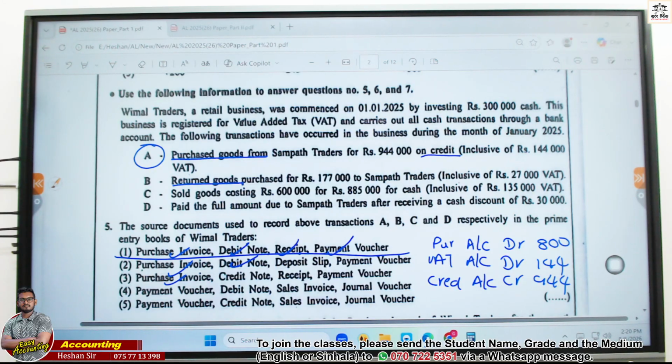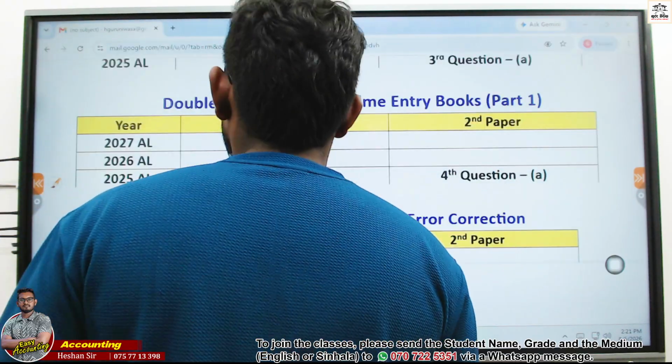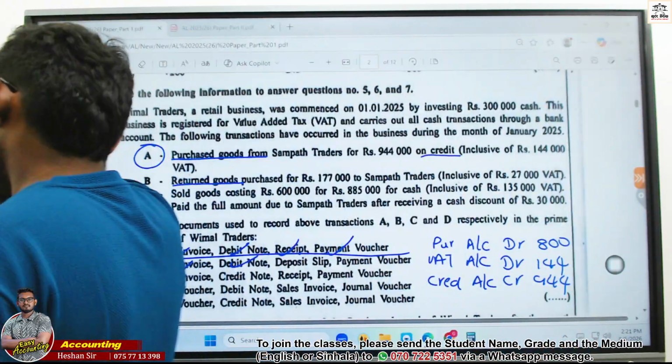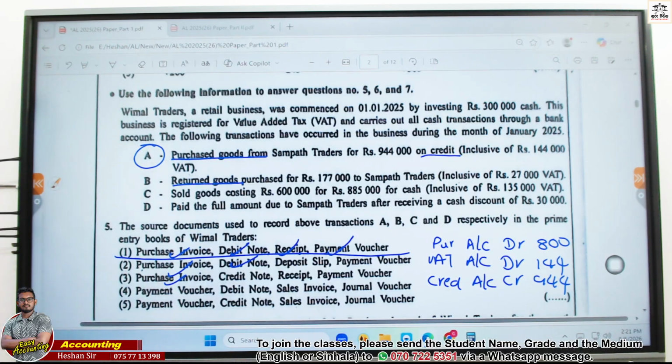Net profit means income minus expenses, and the VAT. Only 5, 6, and 7. Let's see. Net profit we need to find.